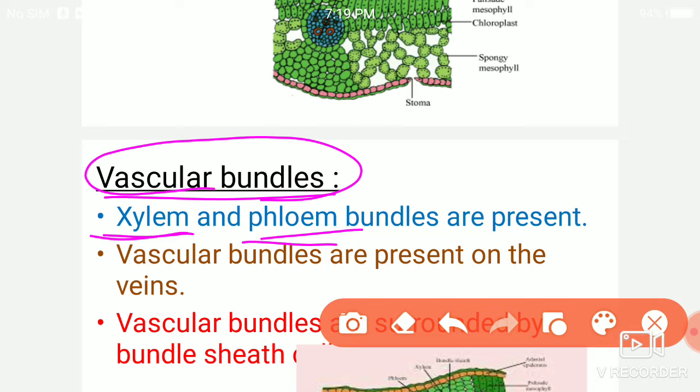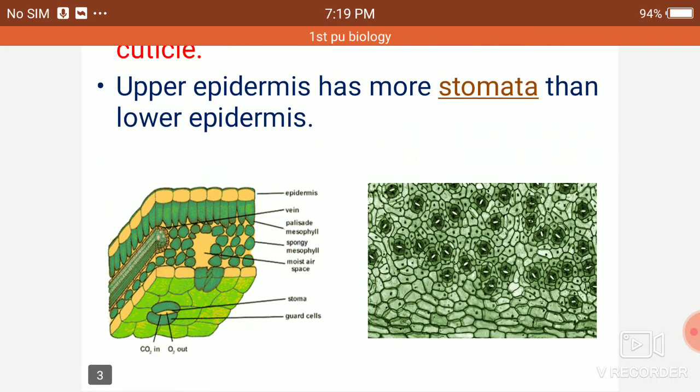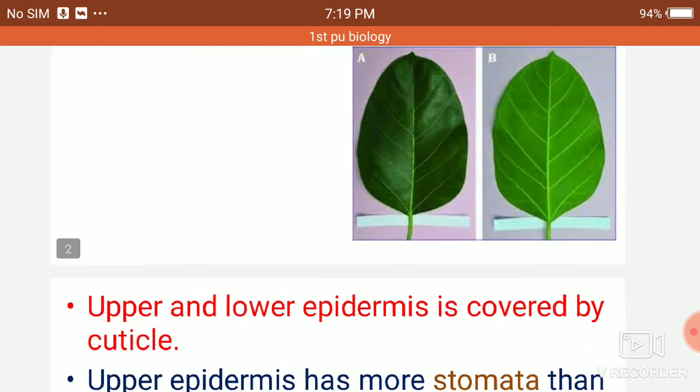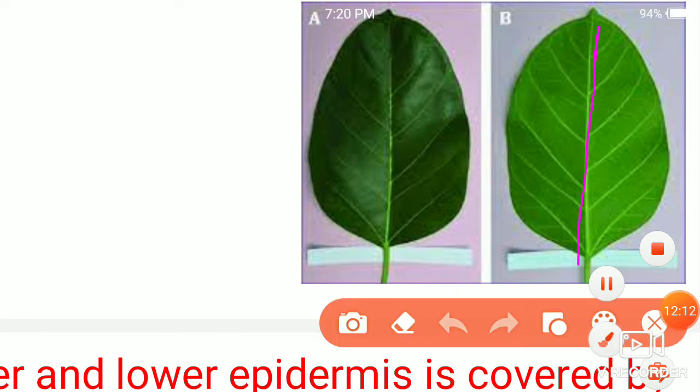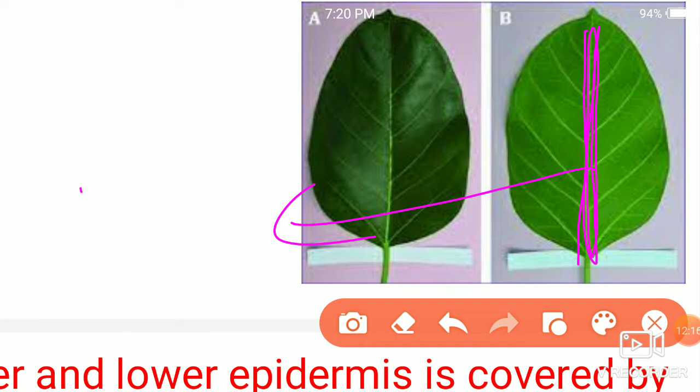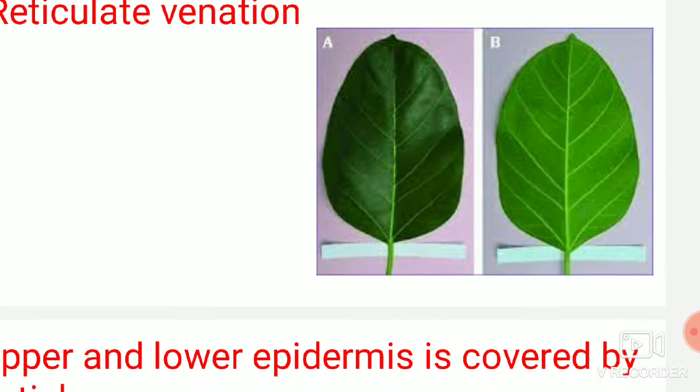Mainly they are present in the veins. I already told where the veins will be present. You can see here that the vascular bundles are present on the veins. So this is a vein, and there the vascular bundles are present.